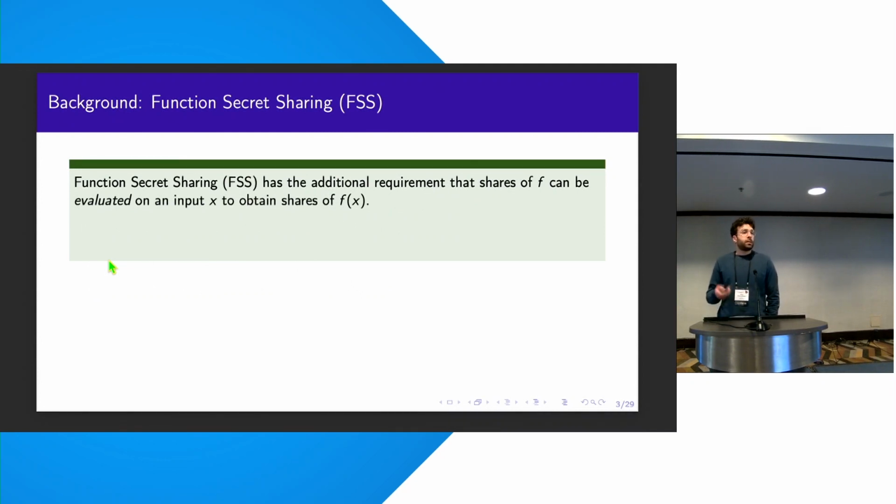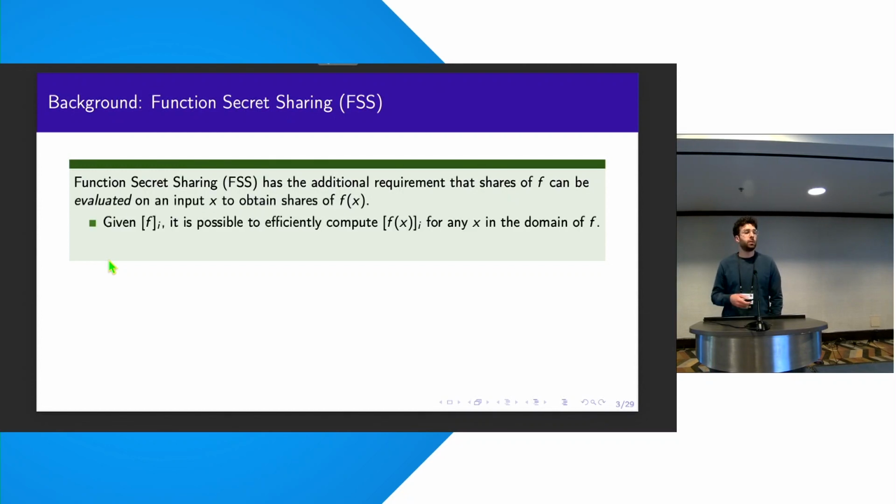Function secret sharing applies the same idea, but to functions. So in addition to being able to secret share a function f, a party holding a secret share of f can evaluate the function to obtain a secret share of f of x non-interactively for any x in the domain.